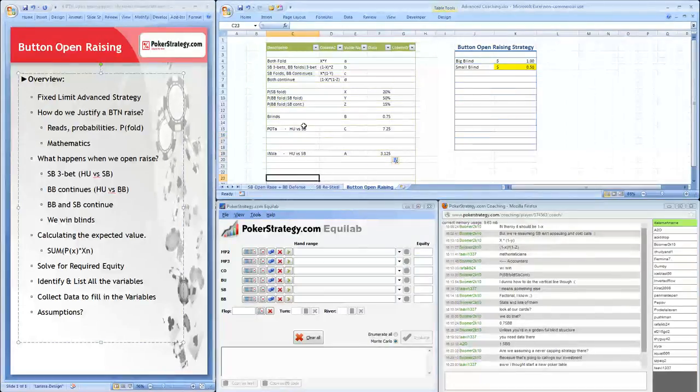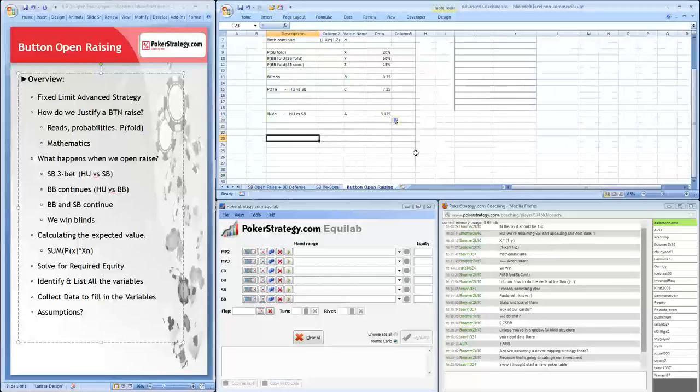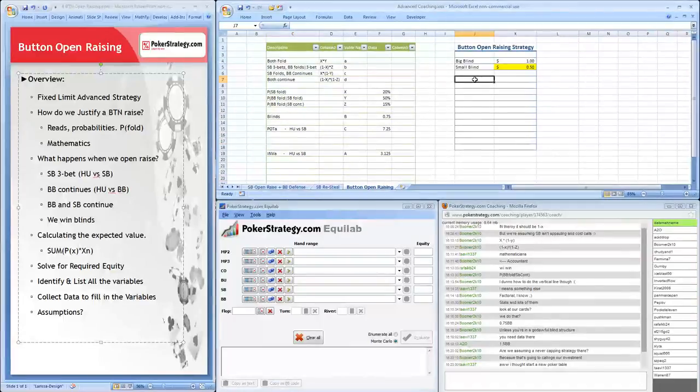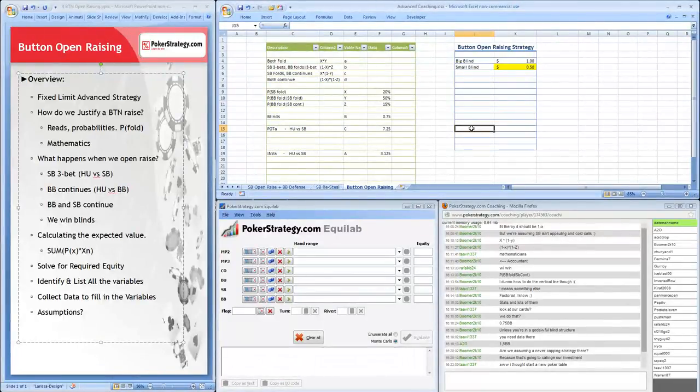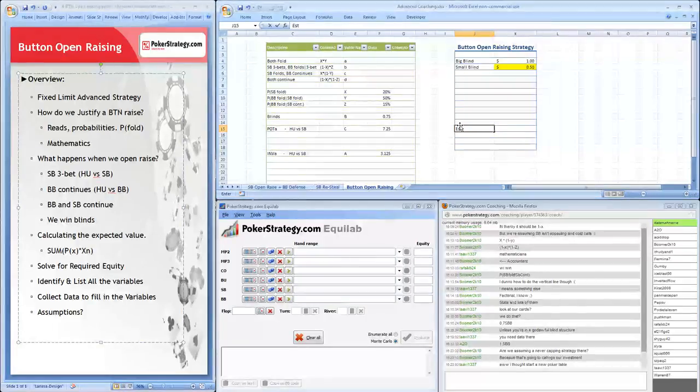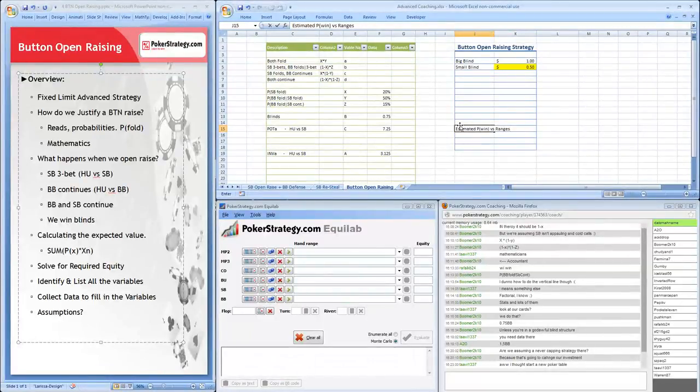Now let's think about our equity, right? Our equity is going to change a lot, and it's going to depend on our opponent's range, right? So obviously, our equity is going to be something that we'll look at. So let's say we wanted to look at the estimated probability that we win the pot versus our opponent's ranges.